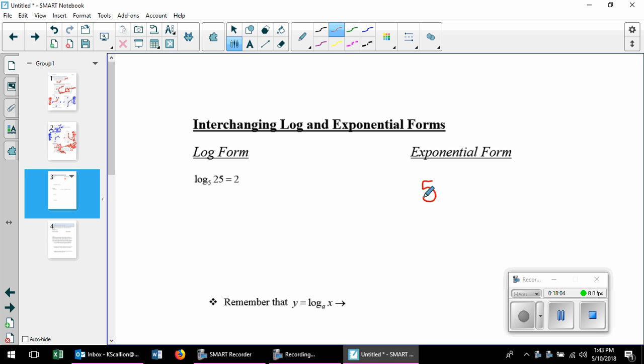That's nice and easy to remember. If it's a base, it will stay a base. Where's your exponent? Your exponent is the outside one, and that's equal to the argument.